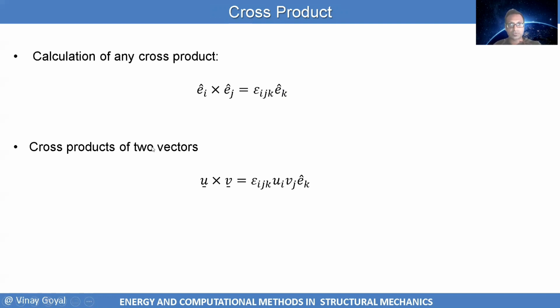The cross product of two vectors is written as u cross v, and you get epsilon_ijk, the permutation symbol, u_i v_j e_k hat. And you can see here i is repeated, j is repeated, and therefore you get a vector that comes out of this cross product.